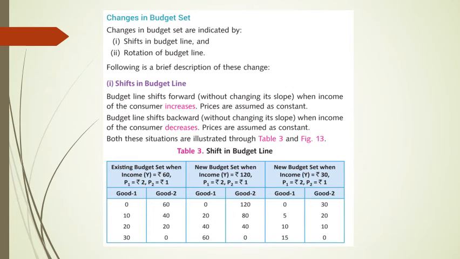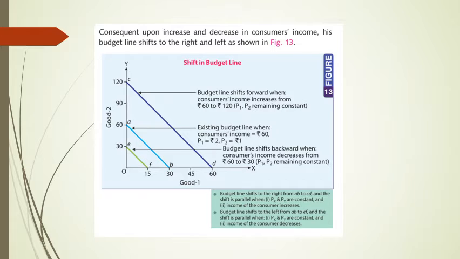So in the table, when income increases from 60 to 120 rupees, then consumer is able to purchase double quantity of both of the commodities. And when income decreases from 60 to rupees 30, consumer is able to purchase half of the quantities of both of the commodities as is indicated in the table.